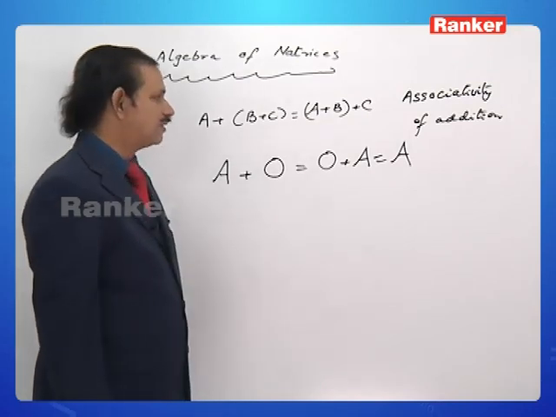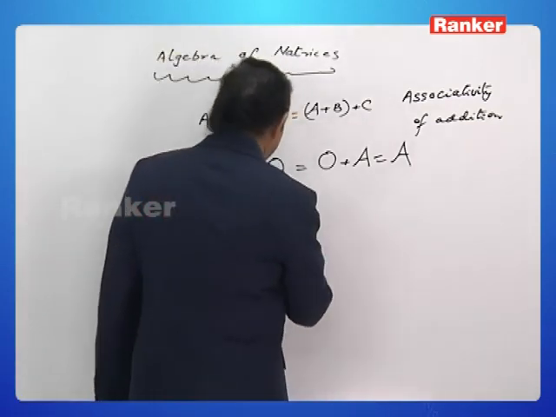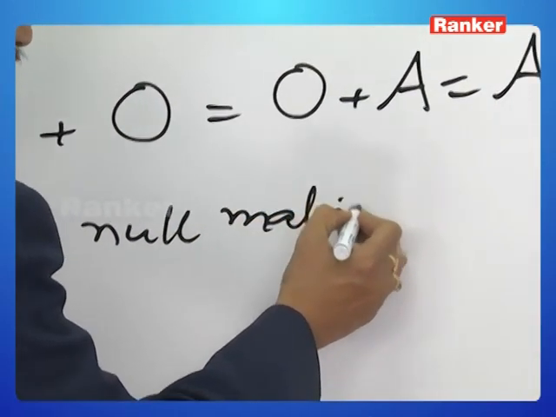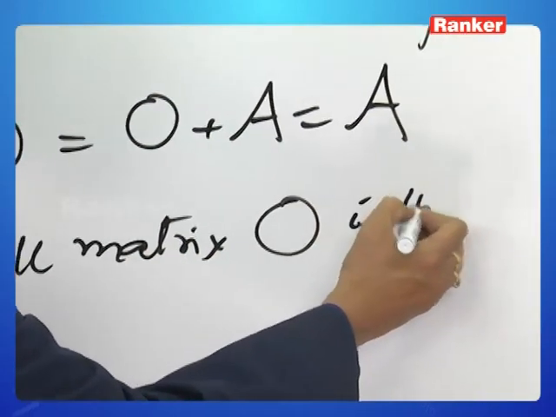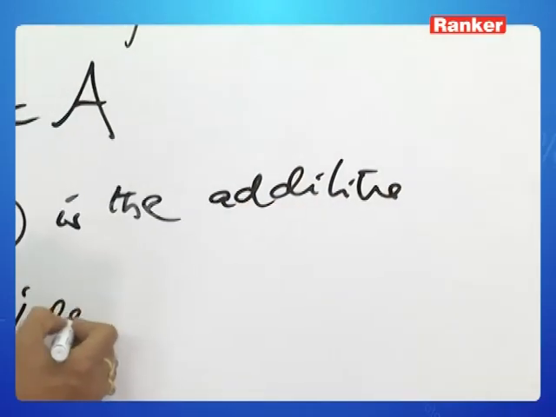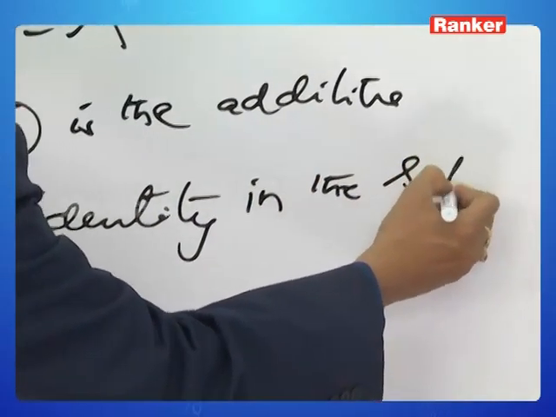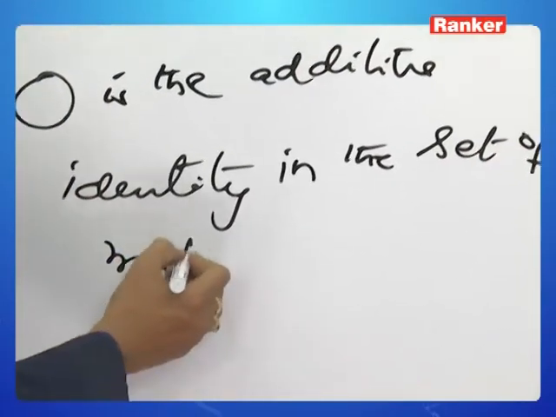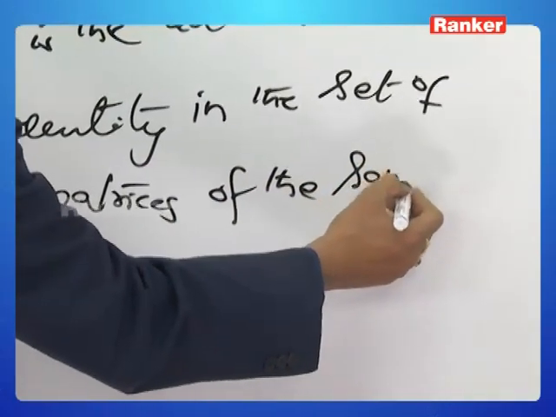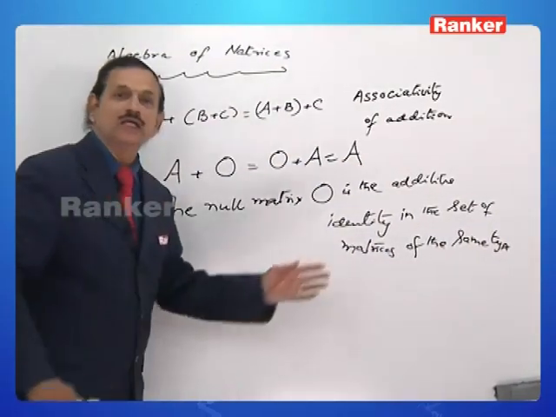A plus 0 is equal to 0 plus A is equal to A, and with this property, the null matrix, or the 0 matrix, is the additive identity in the set of matrices of the same type, and this is the character by virtue of which we say that 0 is the additive identity.